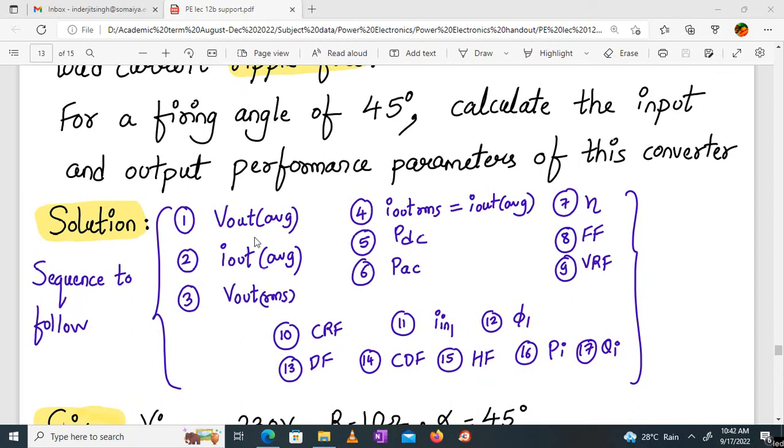First we will find V out average, followed by I out average, V out RMS, I out RMS, the DC power, AC power PAC, then the rectification efficiency eta, form factor, then voltage ripple factor, then current ripple factor, then the fundamental value of the current I in 1, then phi 1, my displacement angle, then displacement factor DF, current distortion factor CDF, harmonic factor HF, and active input power PI and reactive input power QI. So this is the sequence we will follow.